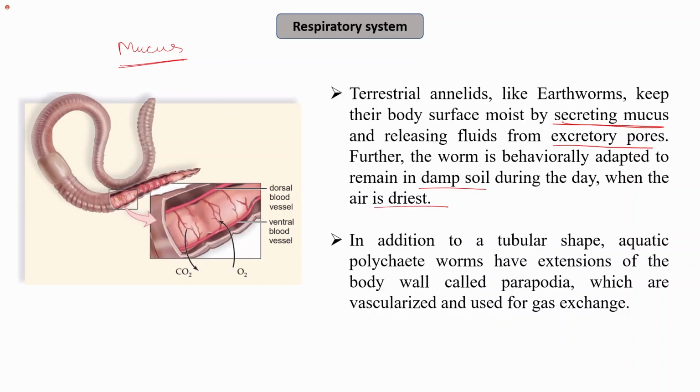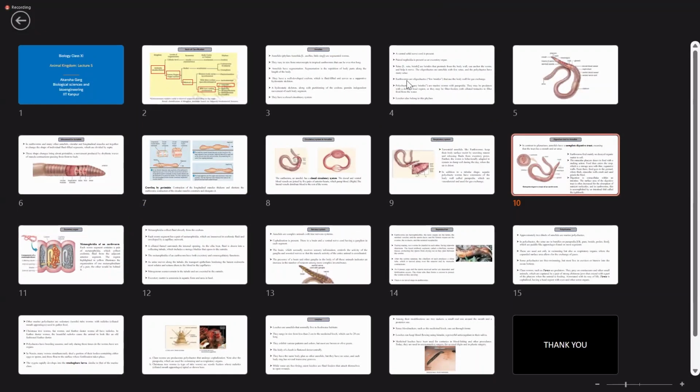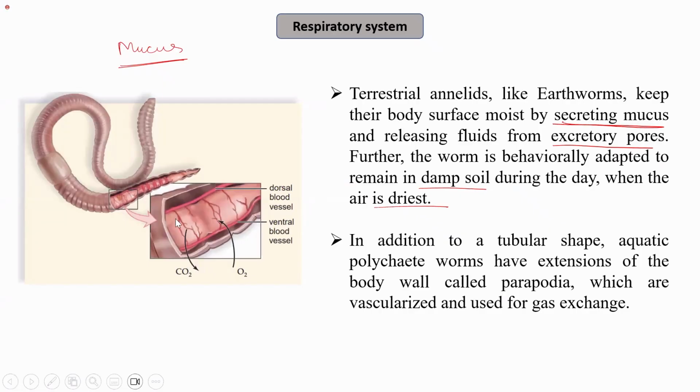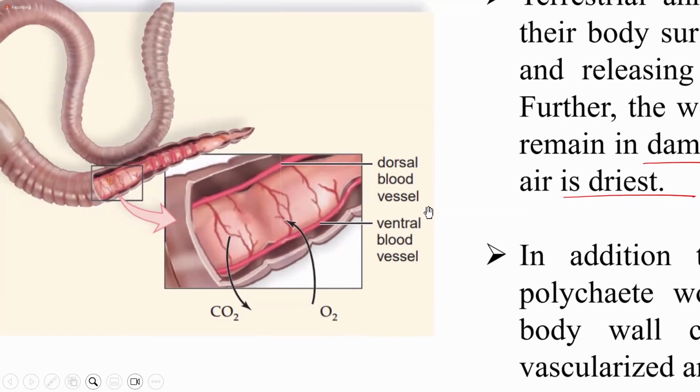And in the earthworm, if you see in detail, what you will find is that their blood vessels are really in close contact with the outer surface. Their blood vessels are very close to the outer surface. This is the dorsal blood vessel which we discussed.